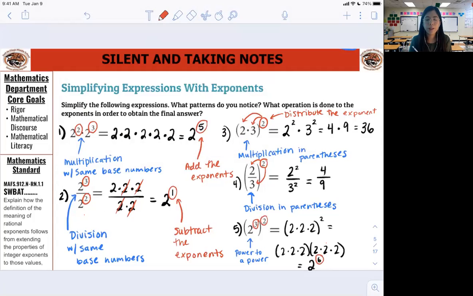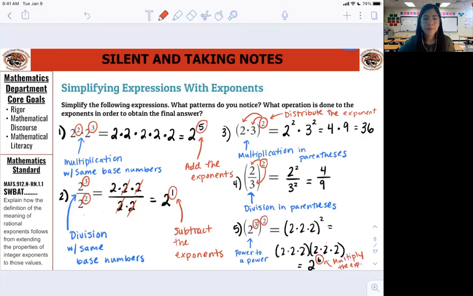What operation do I do between the 3 and the 2? Multiply. Good, Juan. We multiply the exponents. Running out of room. But that covers 7 out of 8 of the rules that you are going to be learning today.